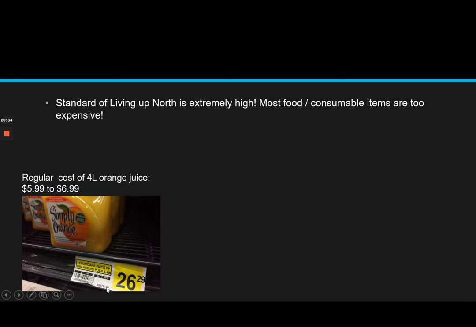But up north, okay, because it's difficult to transport goods up there, the price of juice, okay, for the same container that you pay $5.99 and $6.99 for is now $26.29.